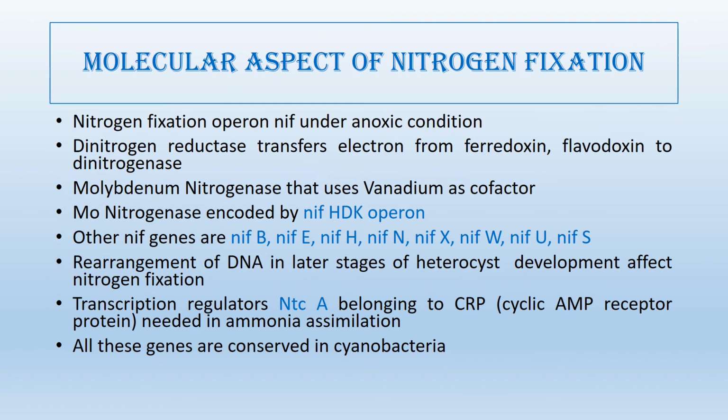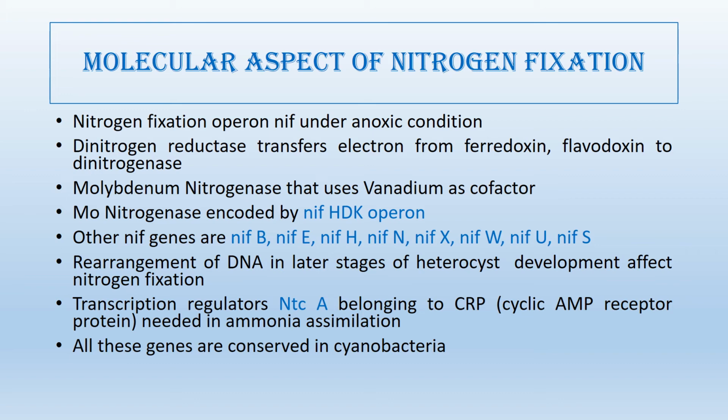And for the nitrogen fixation, we know that heterocysts have developed various mechanisms so that the oxygen does not enter, and just for the formation of the nitrogenase enzyme, we need genes from the NIF operon.